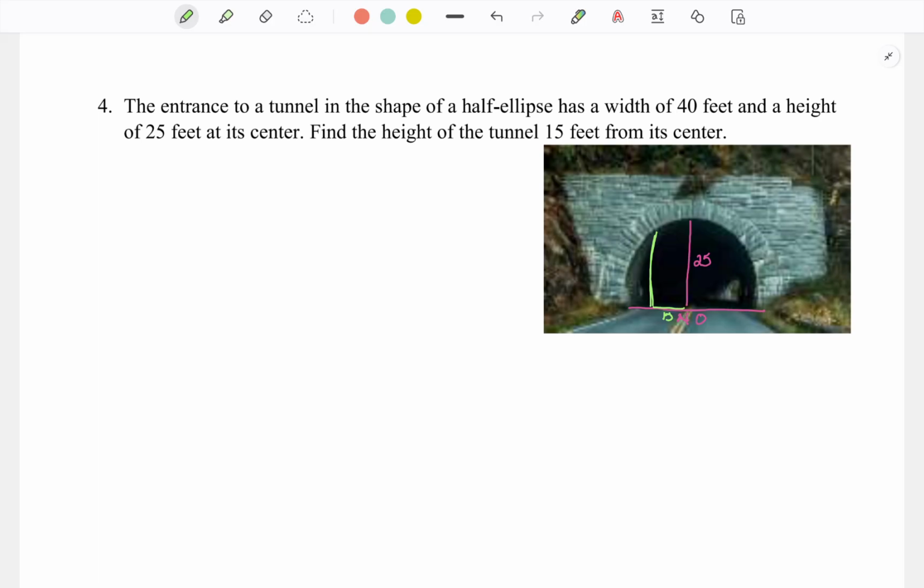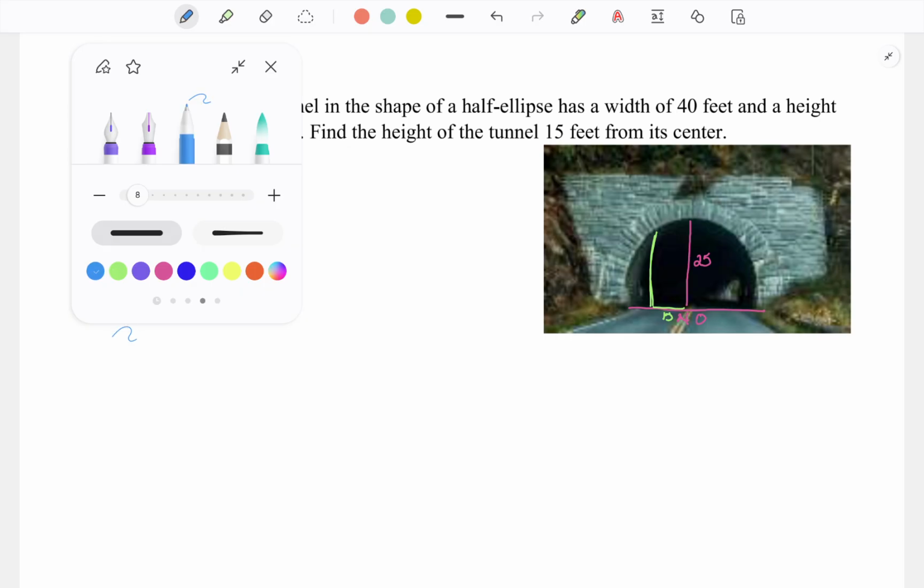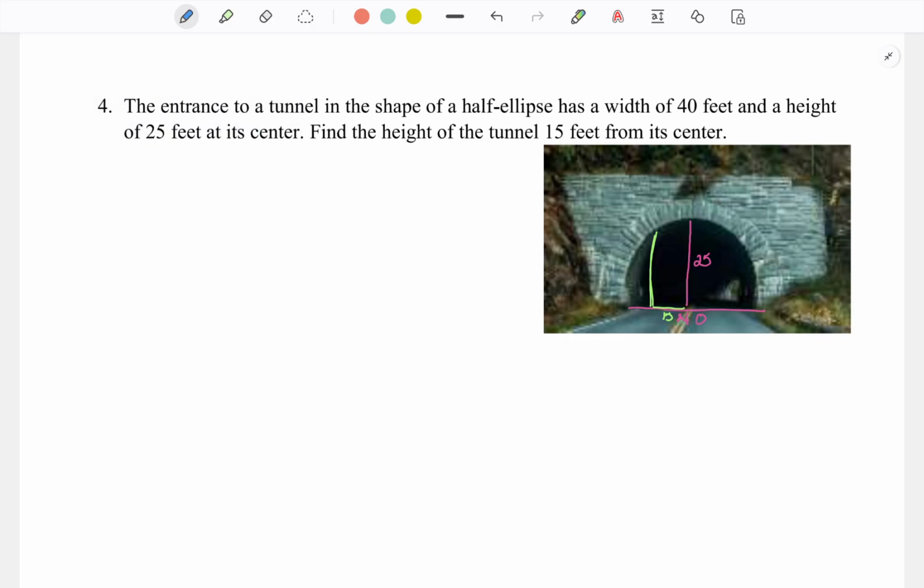So let's first write an equation for this ellipse. So since this is a half ellipse, we are going to need to consider that 25 as our A, because 25 plus 25 would be 50. And so that would actually be our major axis. And then B should be 20.